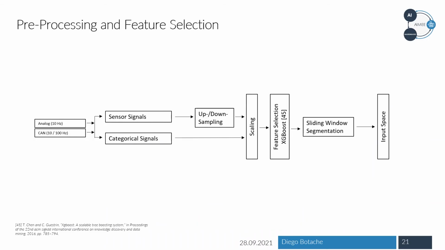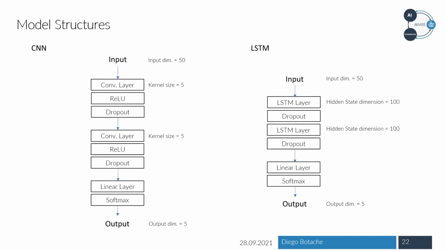Let's go briefly to the pre-processing and feature selection process. For the signal groups provided from the system, we first categorize these signals into sensor signals and categorical signals, and with some up and down sampling strategies we put them into the same sampling rate. Then we use a simple feature selection strategy using an XGBoost to select 50 relevant features, and then with a sliding window strategy we extract segments from the time series, and this is what we use for training the models.